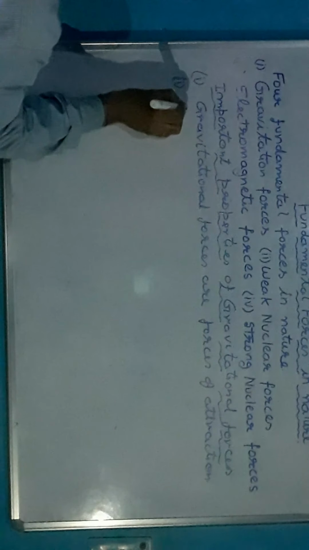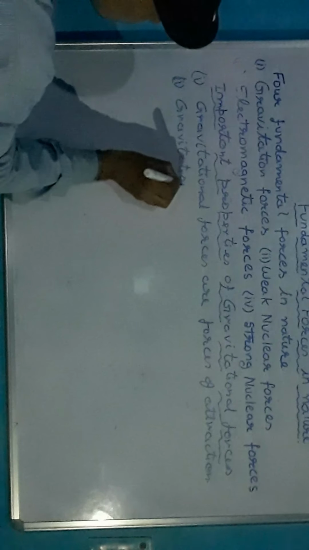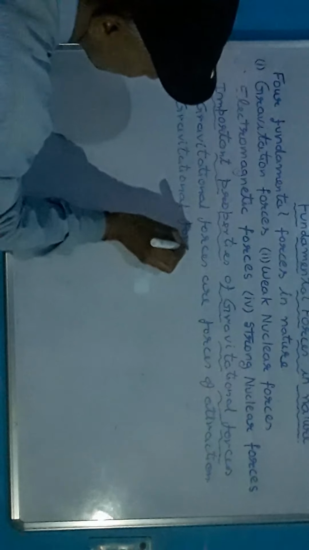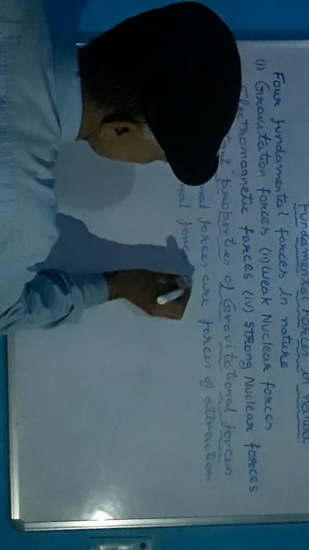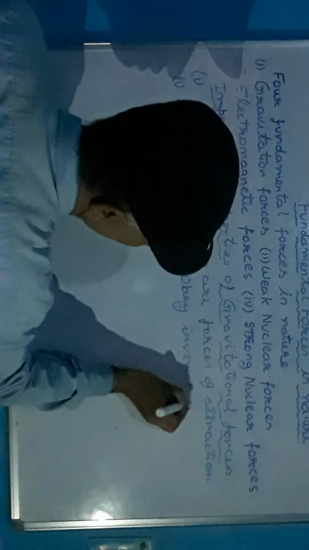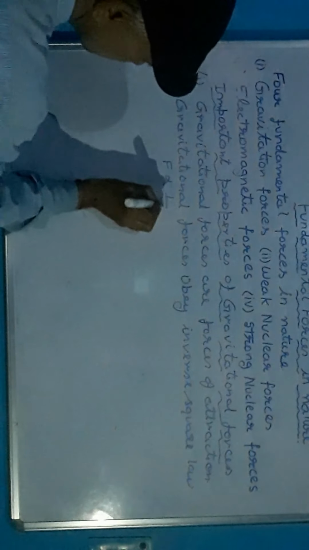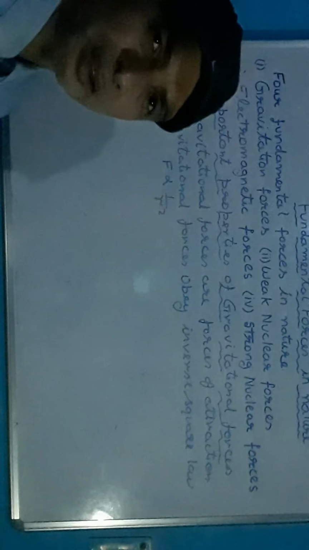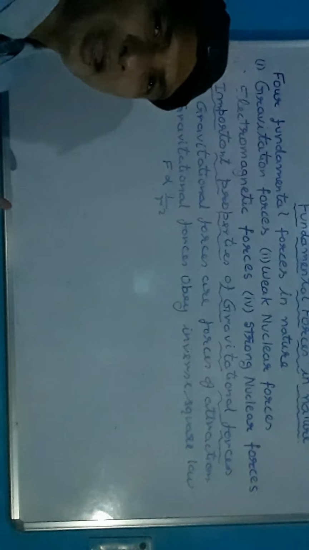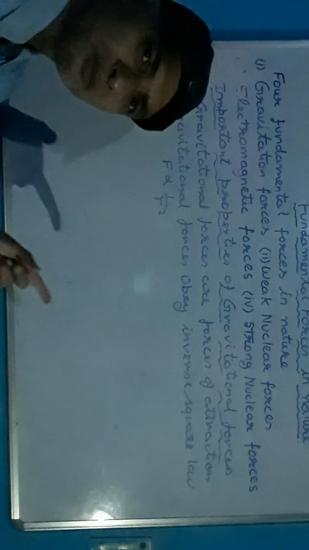Second property, very important: gravitational forces obey the inverse square law. What is this inverse square law? The force is inversely proportional to the square of the distance between the two bodies. That is why it's known as the inverse square law, and gravitational force obeys the inverse square law.